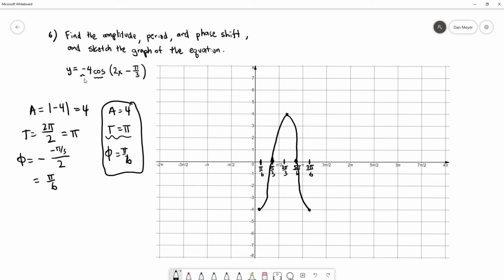If we wanted to get more cycles in, looks like we're getting these tick marks at all of the pi over 3 numbers. So we'd have another one there. I guess let's just go ahead and put all those pi over 3 tick marks in.